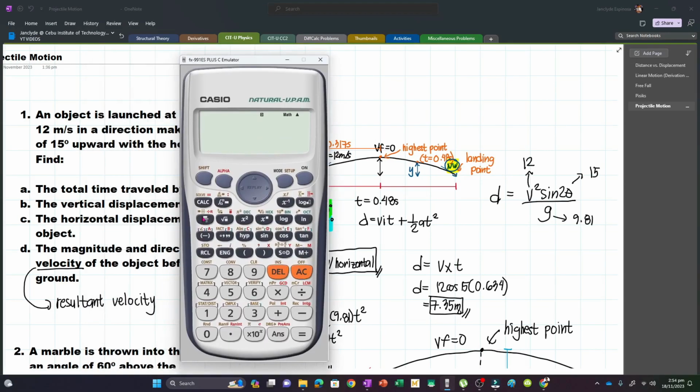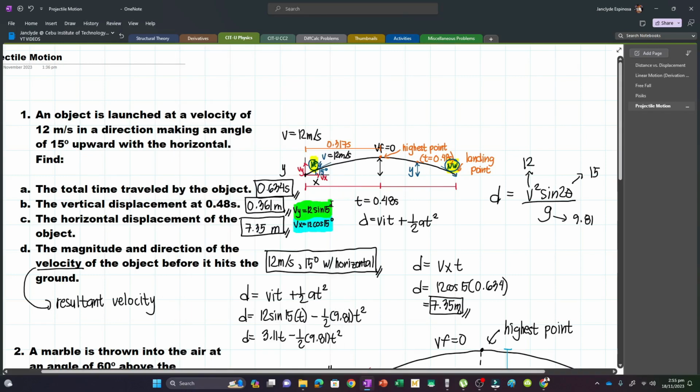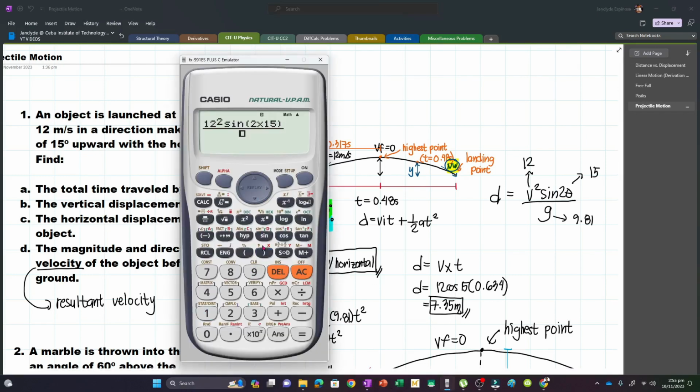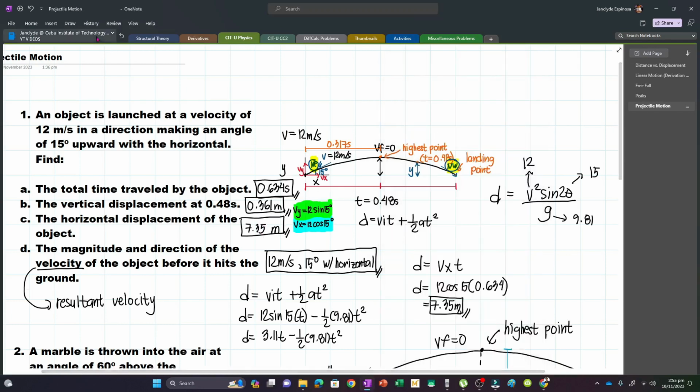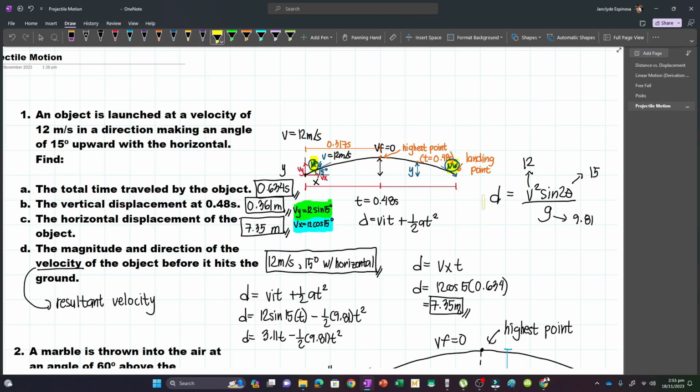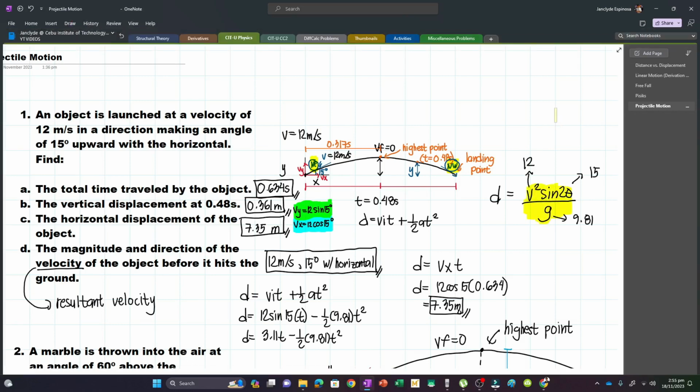Our v is 12 squared, and then sine 2 times theta, where theta is 15 degrees, over g, which is 9.81. We get the same, 7.34. The slight difference is due to rounding off of values. So try to memorize this equation for checking. However, that is only applicable if your ground is level, without a cliff or anything like that.